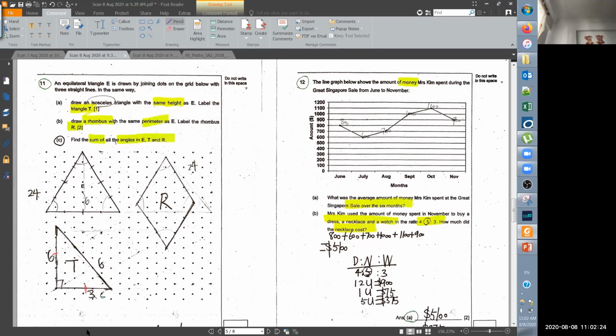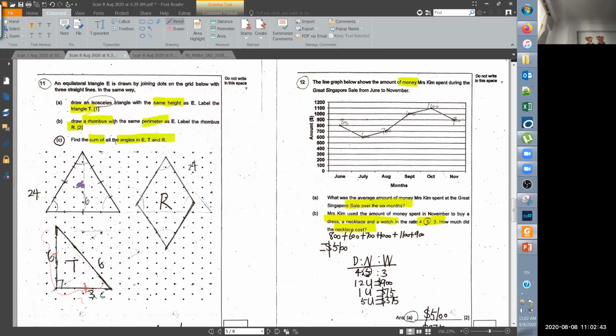Then is this 6？这是6吗？I'm not sure about this one. But you can actually use your ruler to measure. Okay. Anyway, question C.